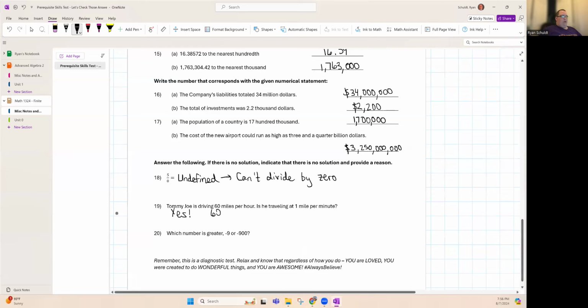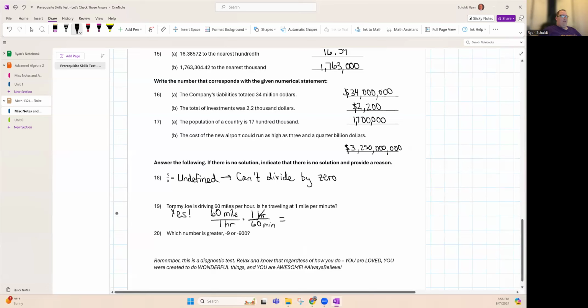Just real quick to illustrate why, if you have 60 miles in 1 hour, and you want to convert that to miles per minute, well, in 1 hour, there are 60 minutes.